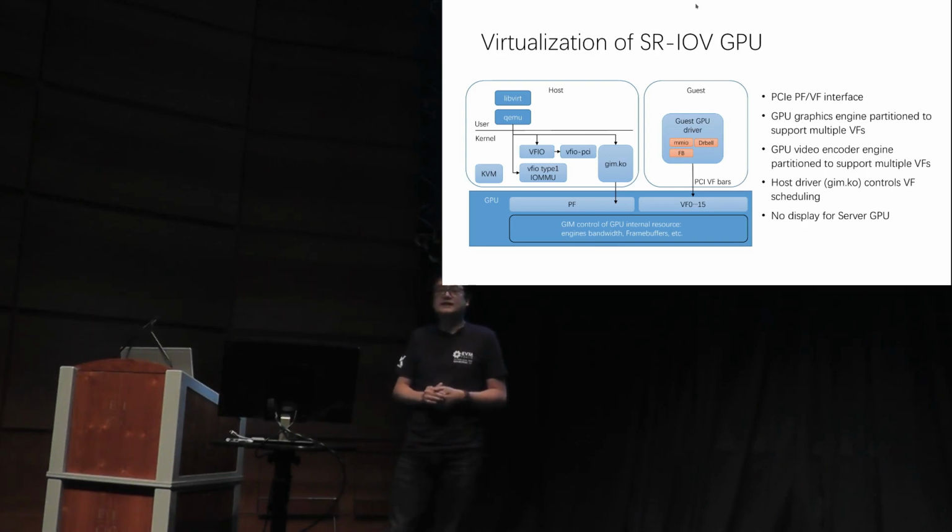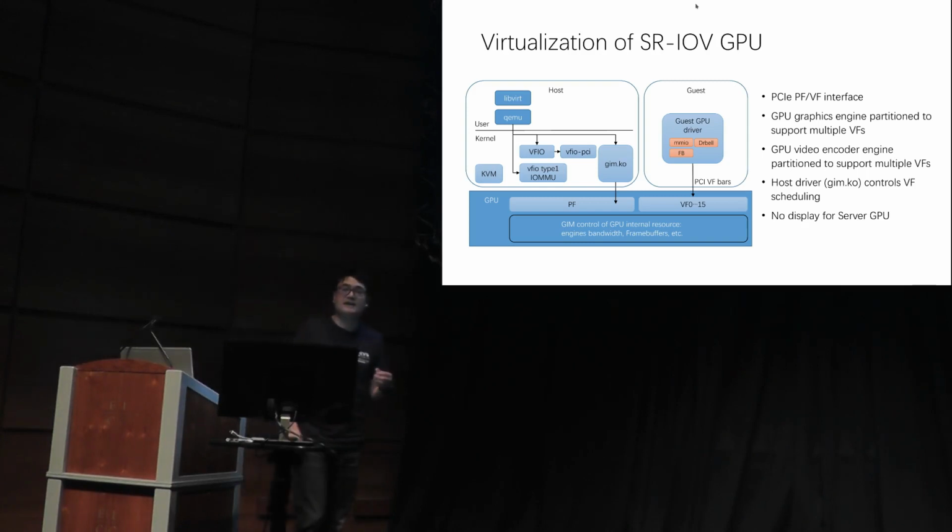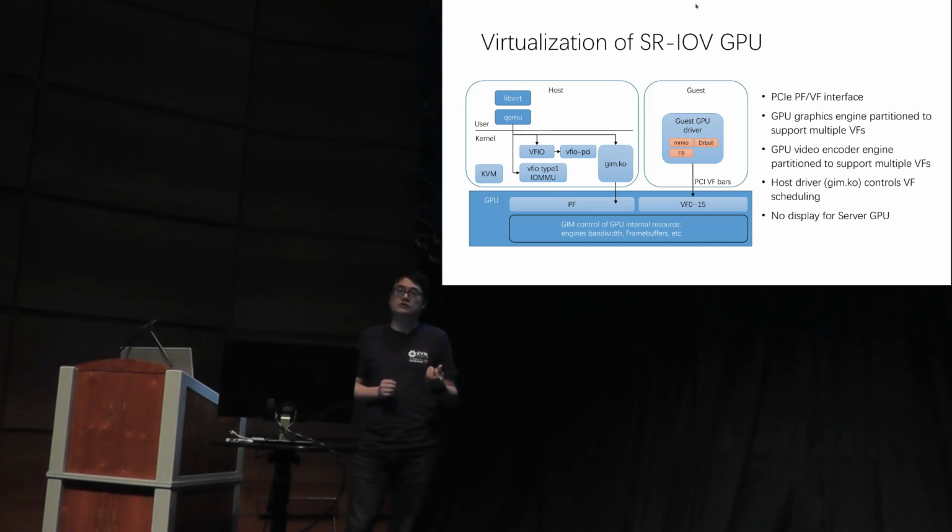Then the guest driver accesses the MMIO, the doorbells, and the frame buffers. All of these resources are exposed from the VF interface. The VF and the PF are actually the PCIe SR-IOV interface, but it does not define how the GPU is virtualized. So this is how the GIM driver does it.